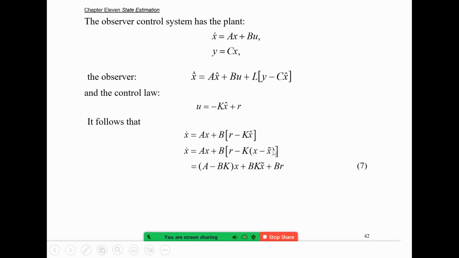In the next step, we are going to use the estimation error x tilde. So let's express x hat in terms of x and x tilde.